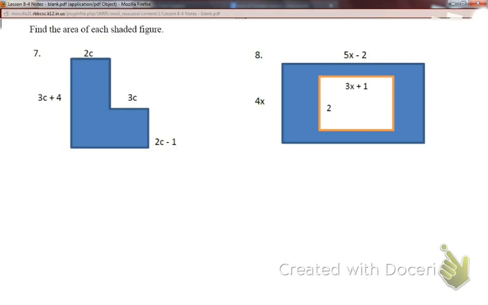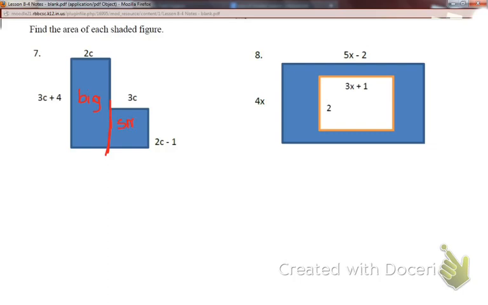You should be able to see that you can make a couple rectangles out of it. And there's a couple ways to do that. I'm going to do it by simply splitting it up right here. So I'm going to draw this line here. And that splits up the picture into what I would call a big rectangle on the left and a smaller rectangle on the right.